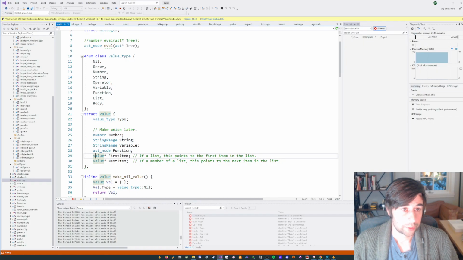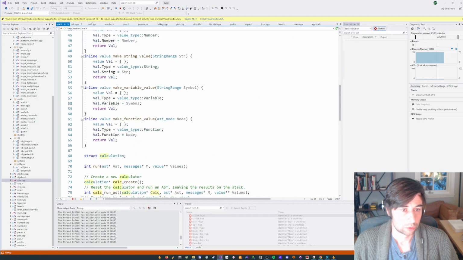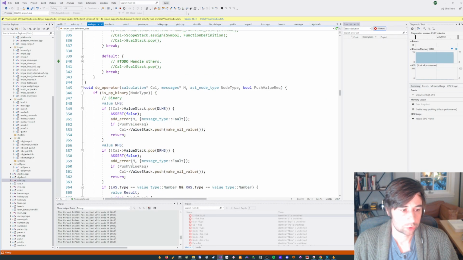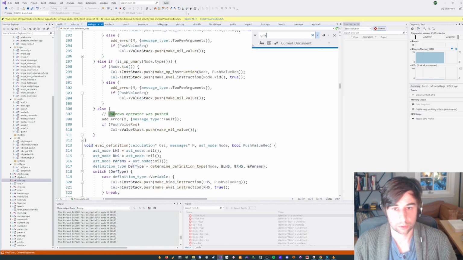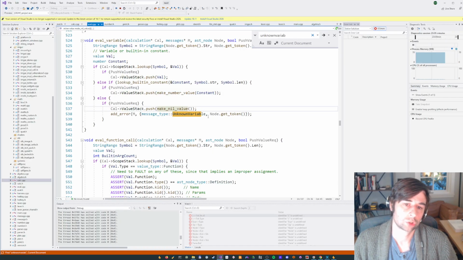So for this case, we'll need it to return, instead of unknown variable, can we just push, what happens if we just push the value?